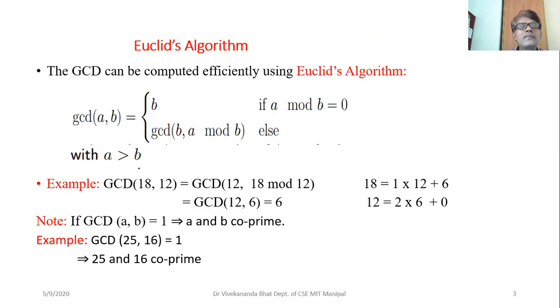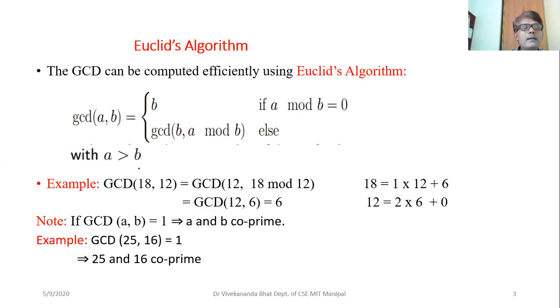So there is an efficient algorithm to compute GCD of two numbers, and it is given by: GCD of a comma b is equal to b if a mod b is equal to 0, and otherwise is equal to GCD of b comma a mod b. Here a should be greater than b.